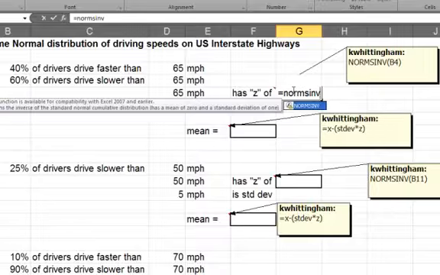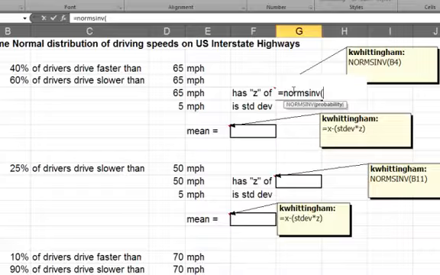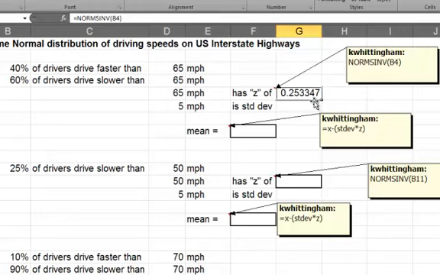Equals norms inverse of 60%. And I get a z-value of 0.2534.